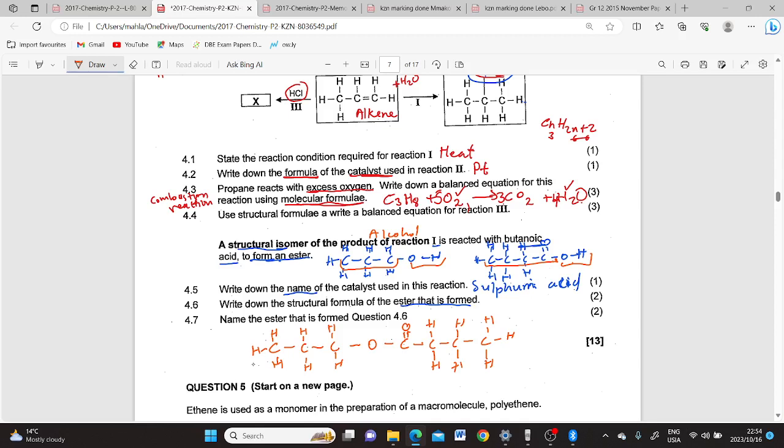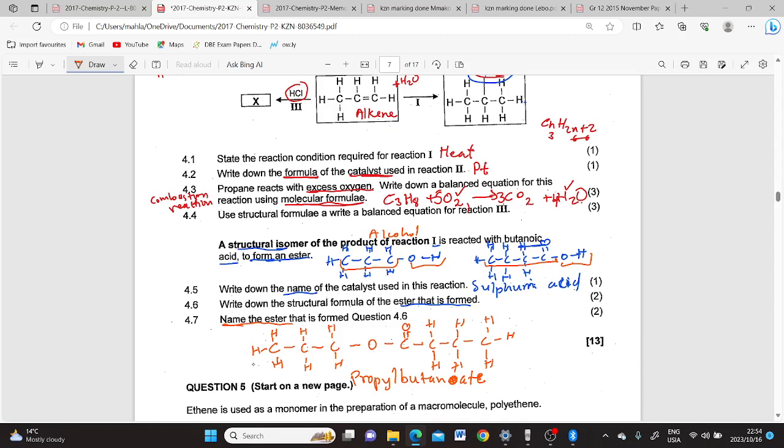Now the name of the ester, of course, we name from this part. That will be propyl. Then now this one will be butanoate.